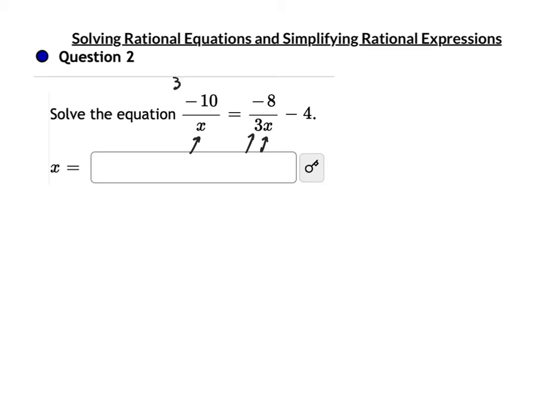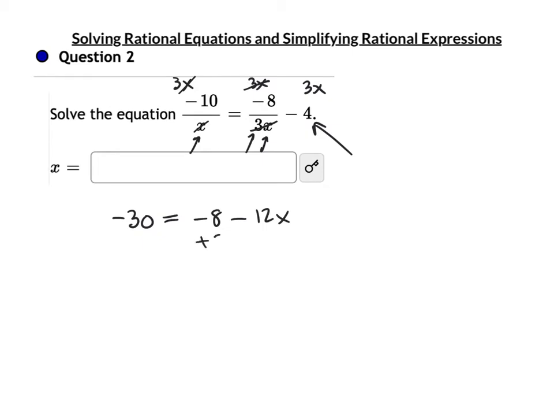We'll multiply everything by 3x. That will cancel every fraction. Do not forget the minus 4. Every term gets it. Here the x's cancel. I am left with 3 times negative 10. That's negative 30. Here the 3x's cancel. So this will be equal to negative 8. And 4 times 3x, so this is minus 12x.